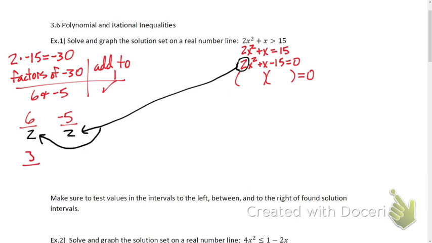So I can reduce that to 3/1. This one I can't reduce, and we're done. You just need to know how to write it as a factor. The bottom number gets an x, so 2x minus 5. And this one would be x plus 3.